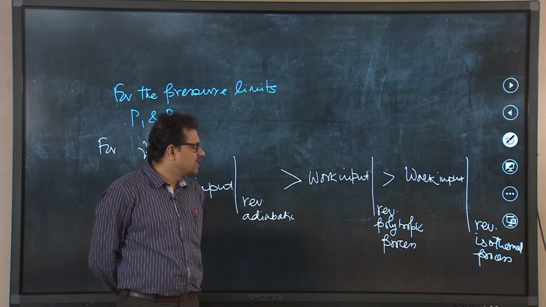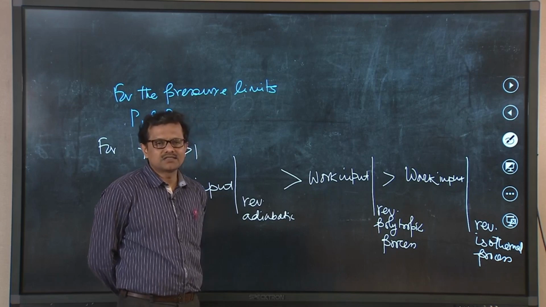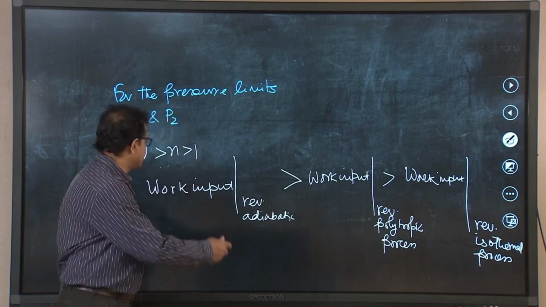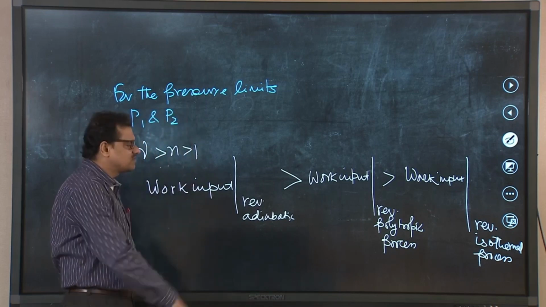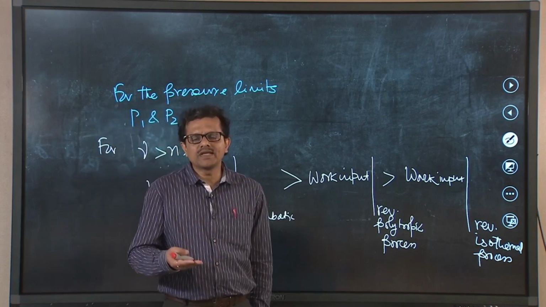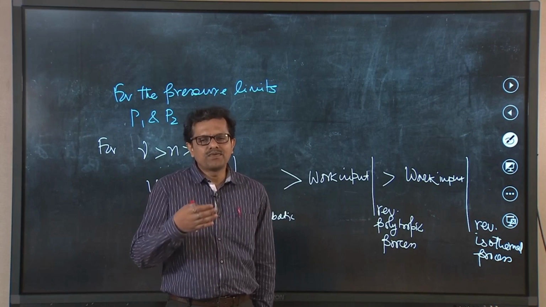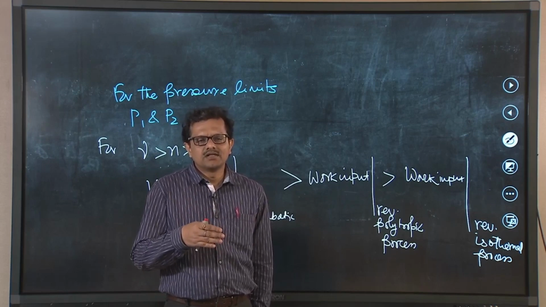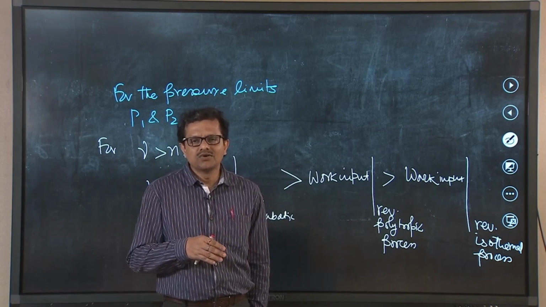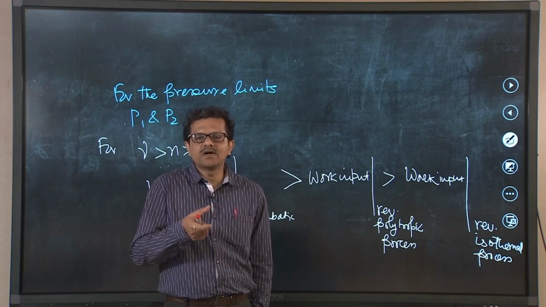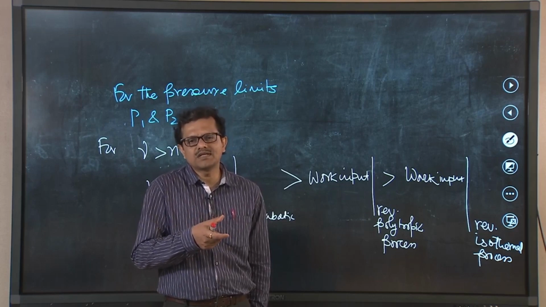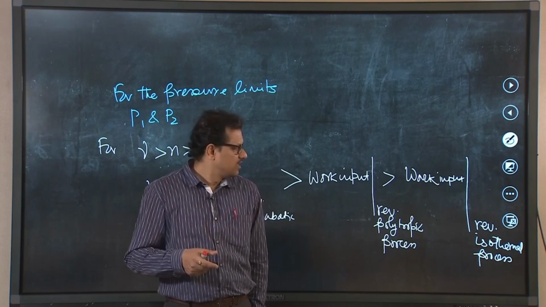So, if the work input to the compressor is significantly smaller than the work required for the compression following reversible adiabatic process, then it would be more economical, performance wise, to have a reversible isothermal compression, because we had seen that a significant part of the turbine work output is consumed by the compressor for the compression process.